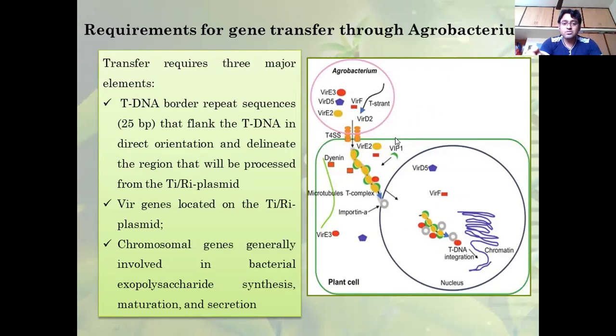Okay. Next, what are the genes required? Vir genes. Vir genes play an important role. So Vir genes should be located within the Ti plasmid or the Ri plasmid.